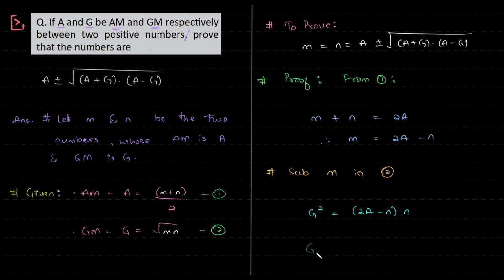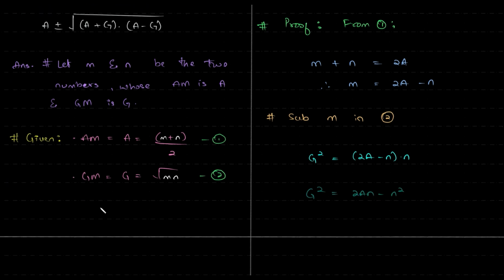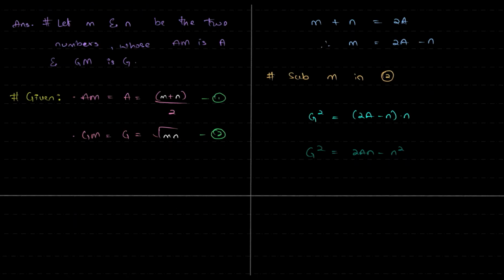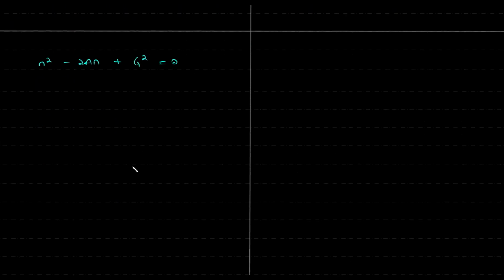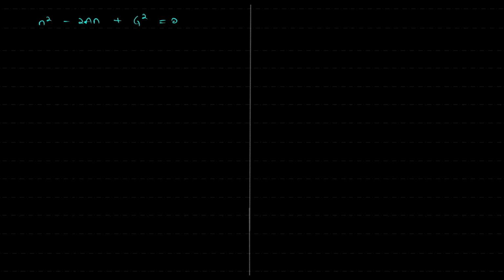So this is G square is equal to 2AN minus N square. So finally you will be able to write this as N square minus 2AN plus G square is equal to 0. Agree? Remember, you need not write all the steps. Whatever is required, you should be able to write that. Okay, so we have this.